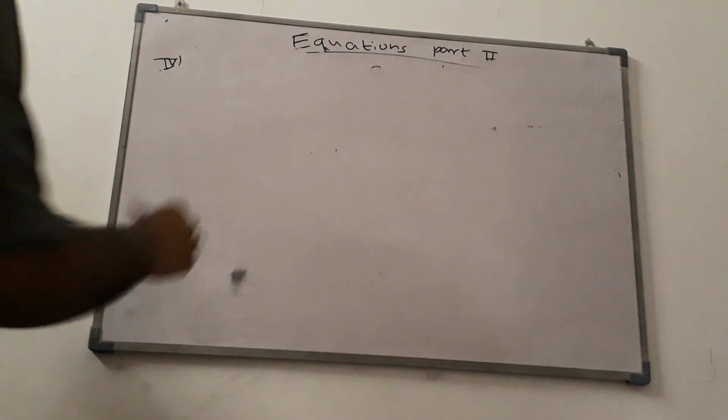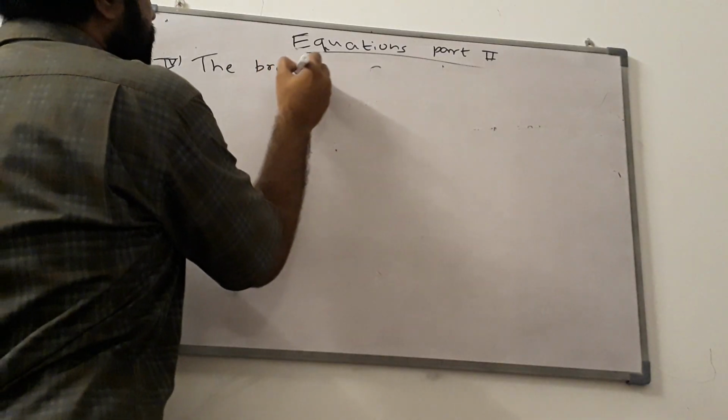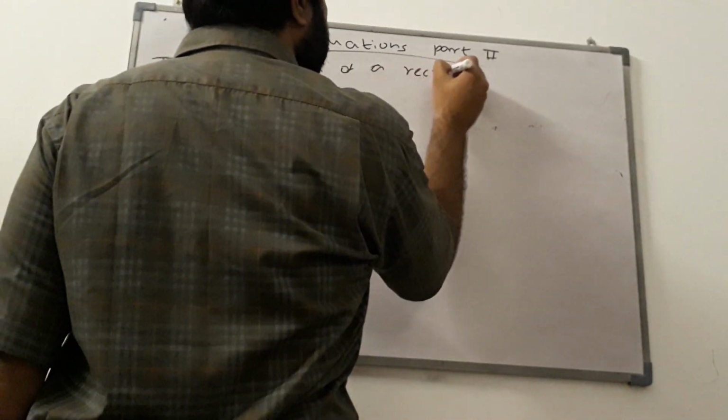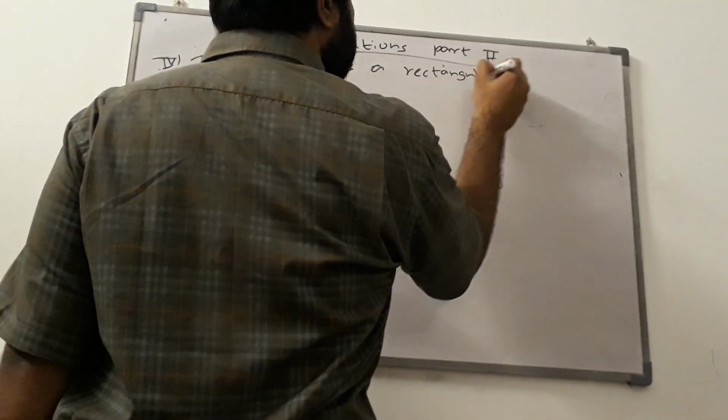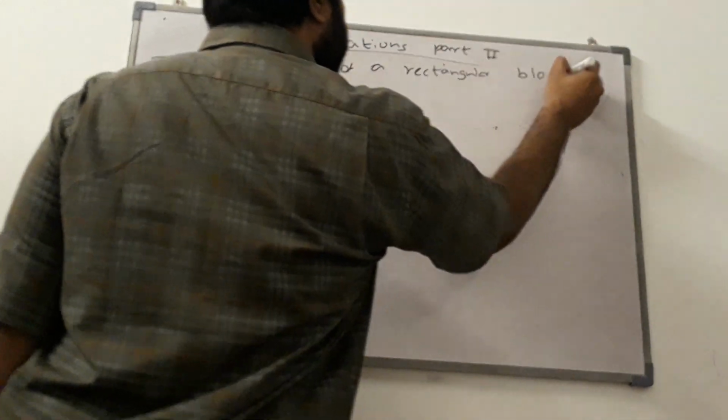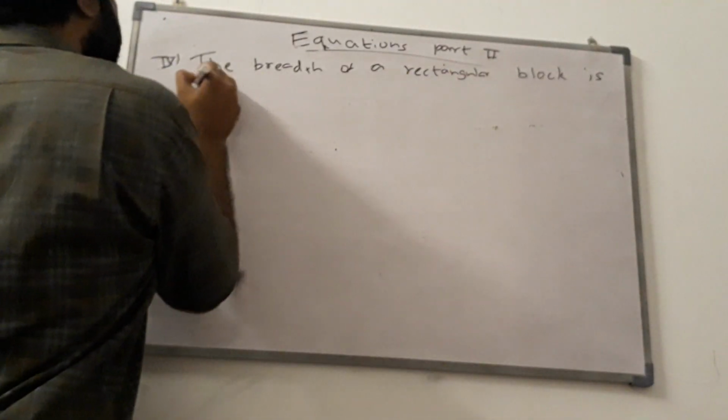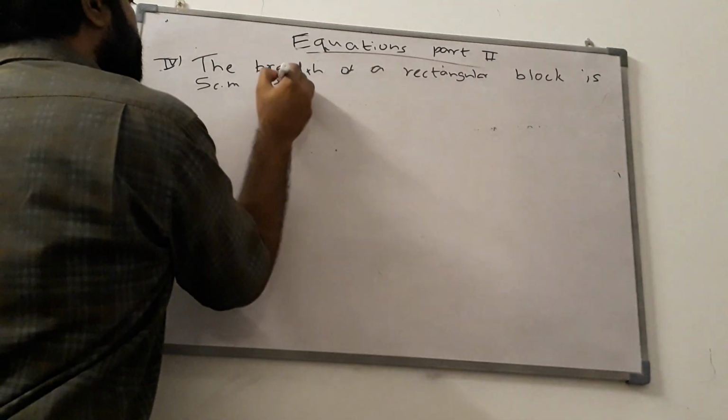The breadth of a rectangular block is 5 centimeters less than its length.